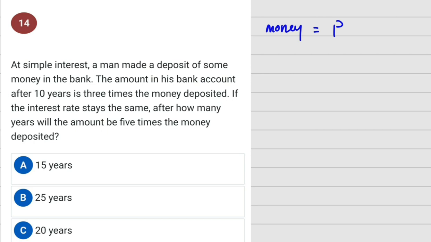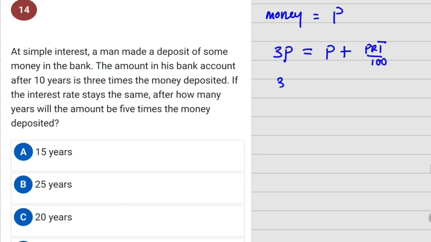So how do I get this done? 3 times the money deposited will be the money in his bank, and the money in his bank is going to be the amount, that is the principal plus the interest, and the interest is PRT over 100.